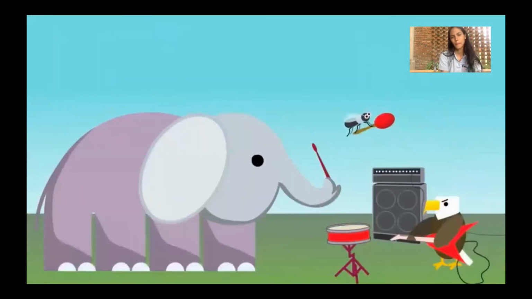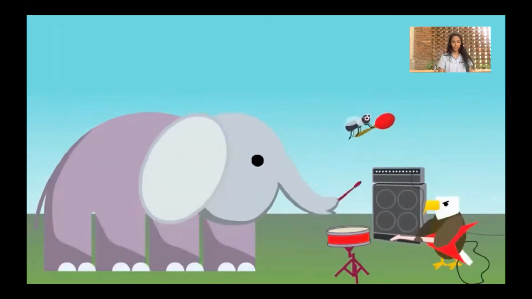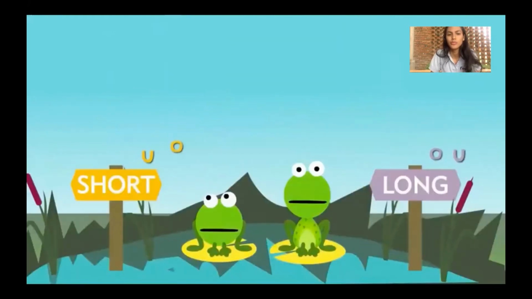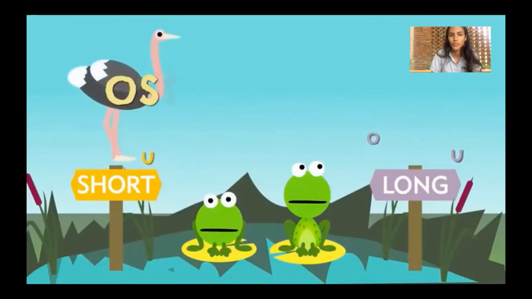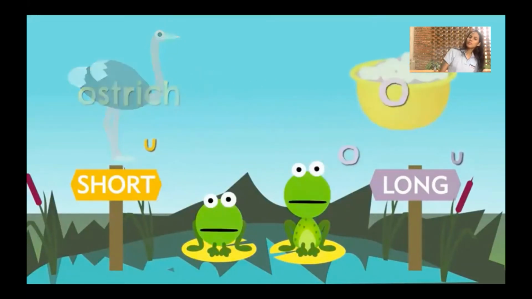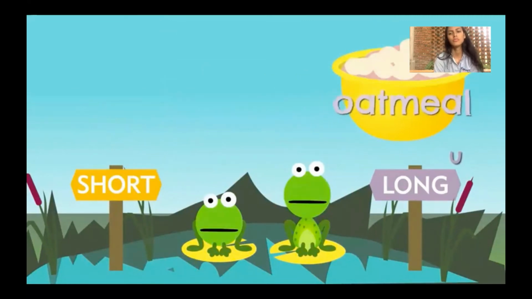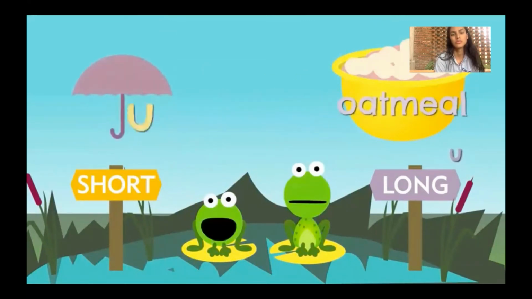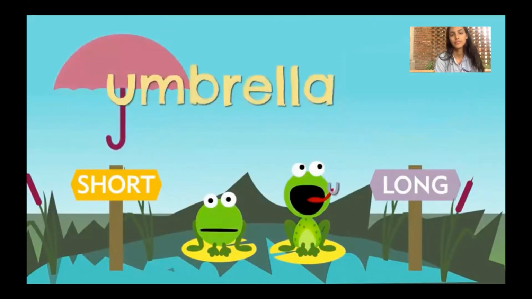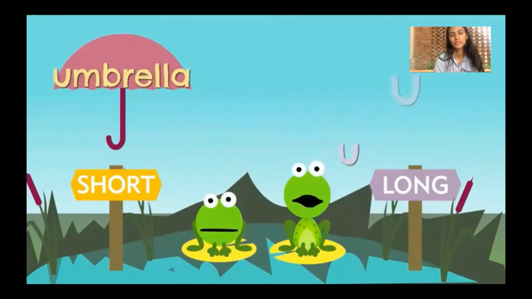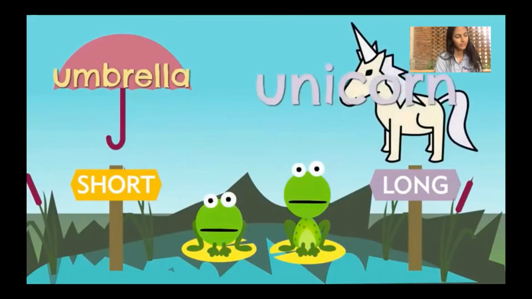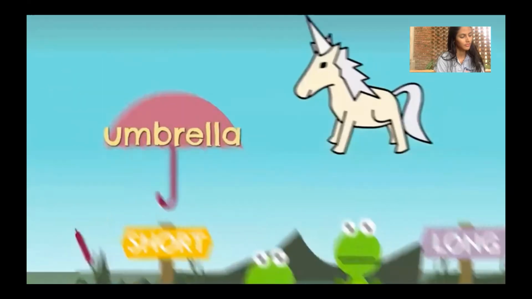Let's take a break. Here we go. Short O says ostrich, and the long O says oatmeal. The short U says umbrella, and the long U says unicorn.